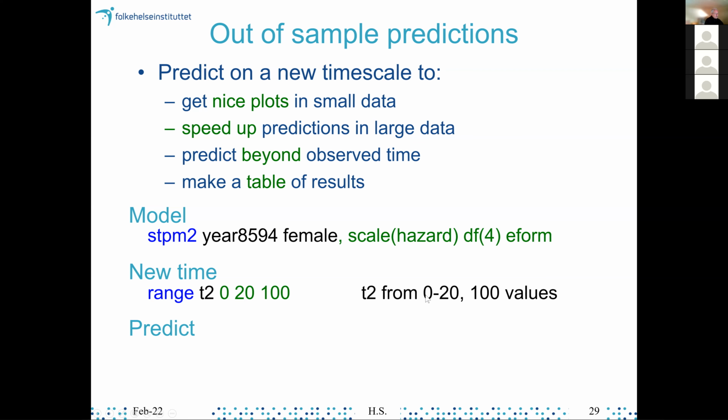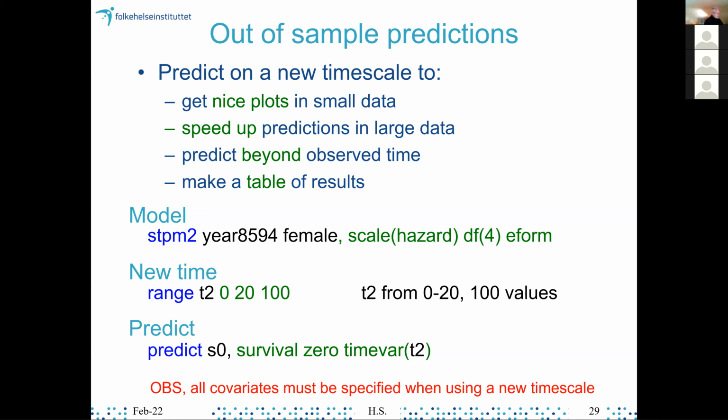So T2 from 0 to 20 years and 100 values. And then to predict, I do a predict. I want survival, put it into S0. 0 means set all variables to their 0 values and predict on the new time variable T2. Now, if you have a data set like we have here of 5,000 observations, we instead only predict on 100 values, which is much faster.